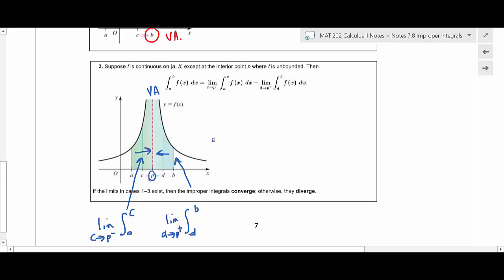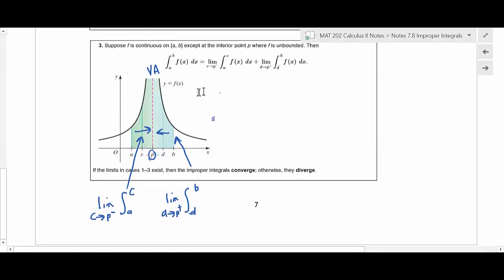The idea with this one is that it's like combining the last two things and splitting it into two integrals. That right there is a left-hand limit. Why? Because you have an asymptote, and you're going from there to there. And then with the right-hand limit here, you're approaching that asymptote from the right. So the asymptote is the problem area. Does that make sense? All right, so let's see what we have going on here. We want to try to get some of these things set up.